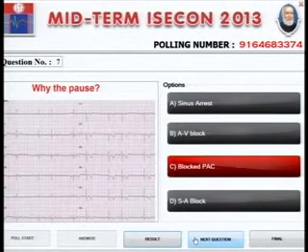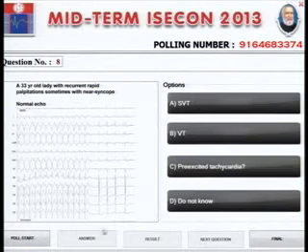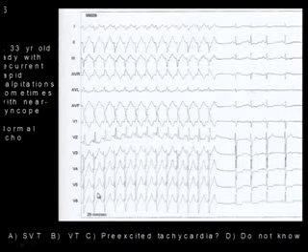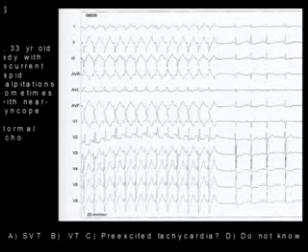So you can start sending SMS now. 7A, B, C, D. Okay. Anyone left to send their SMS? I think everyone has sent the SMS. Dr. Green?